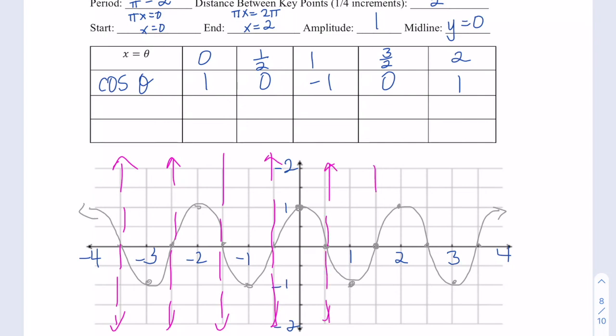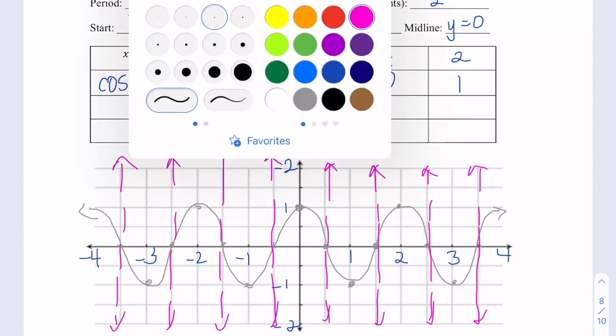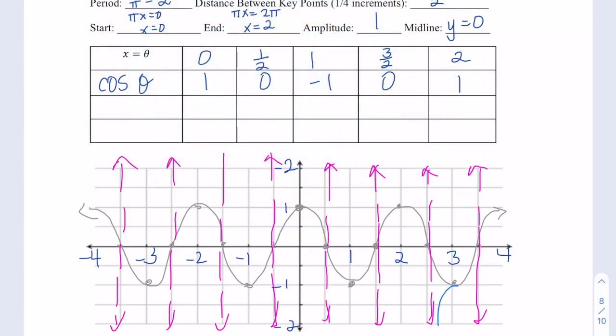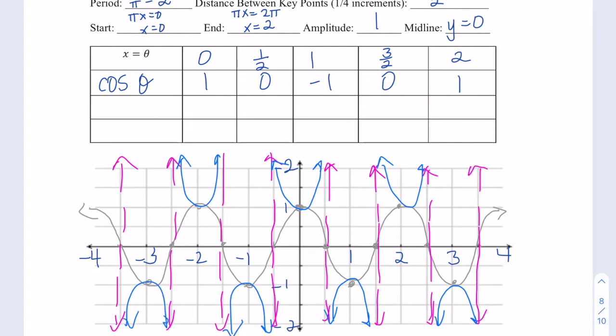And then whenever we have a maximum for the cosine, it will become a relative minimum for secant, and any minimum, I'm going to use a different color here, any minimum for cosine becomes a relative maximum for secant. So you can see these parabolas here, a lot of colors, but remember here I have the gray is our cosine, the pink is our asymptotes, and then the blue shows our secant.